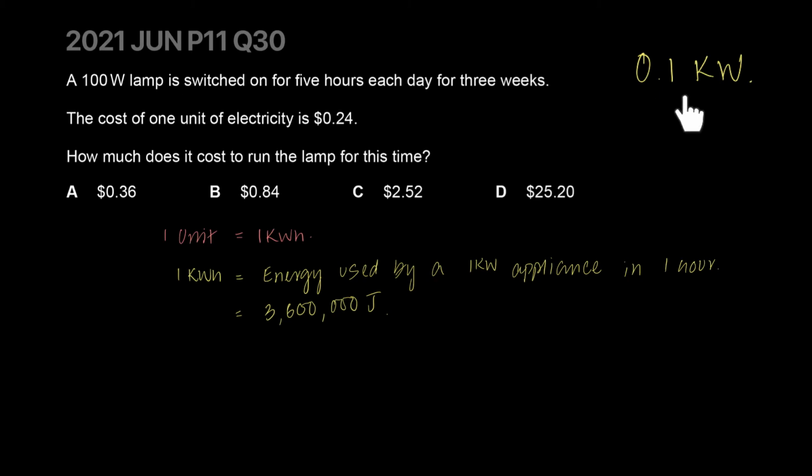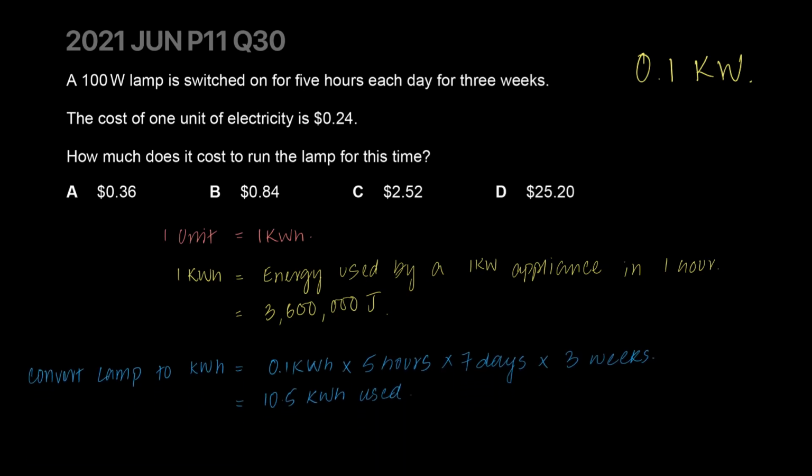If I use that, my life will be a lot simpler because I can figure out the price very easily. If 1 kilowatt hour is equal to 0.24, 0.1 kilowatt hour will be 1/10 of this, 0.024. I'm just trying to make my calculation a little easier because I have a good understanding of kilowatt hours and kilowatts. So why not do that?